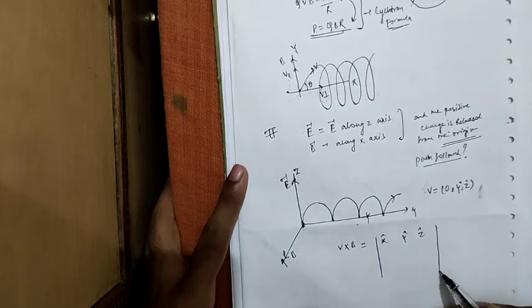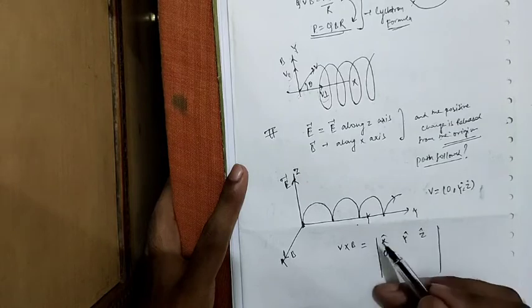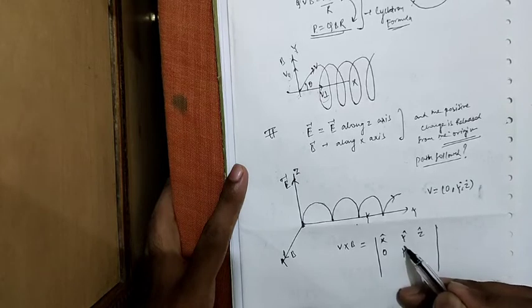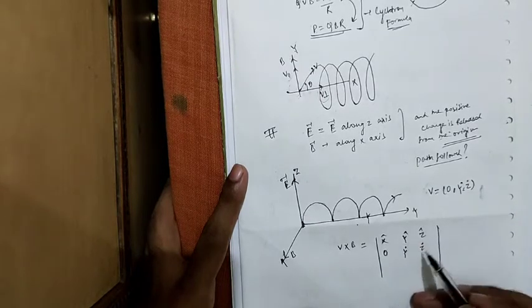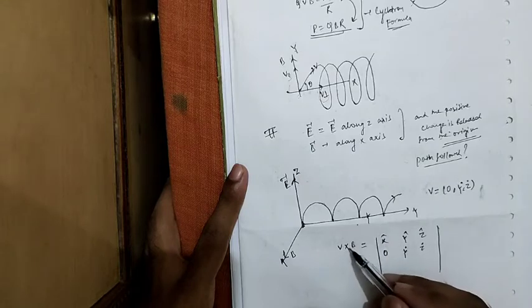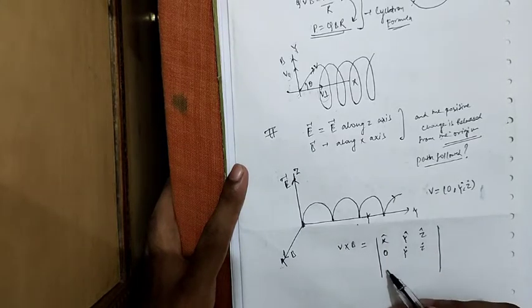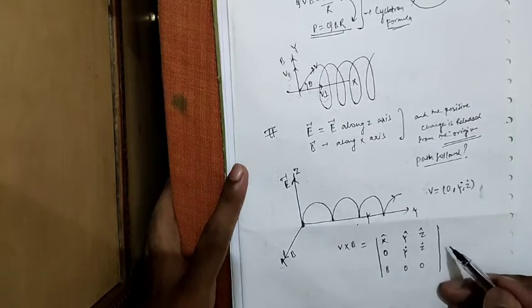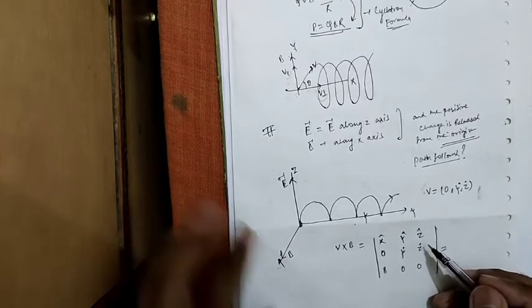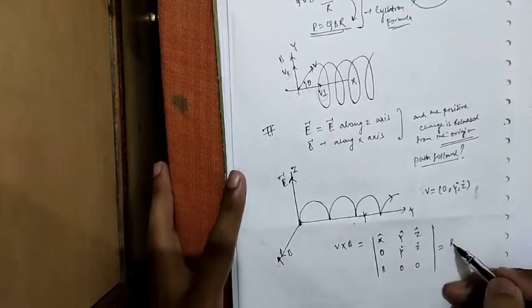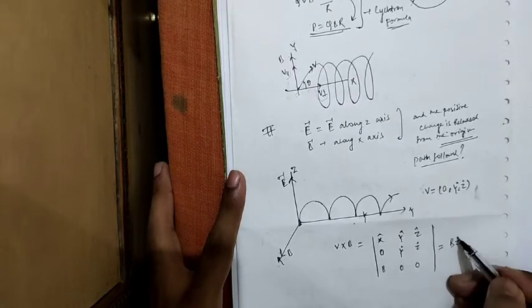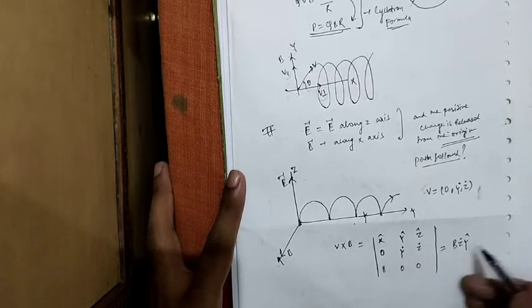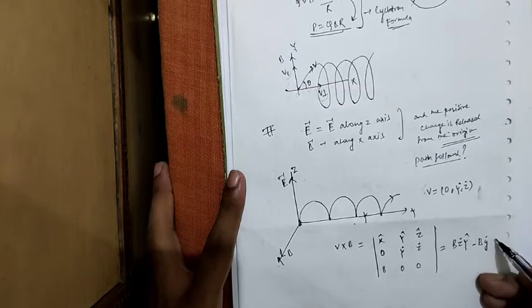As velocity is zero along the x-axis, there is only motion along the y-axis and z-axis. Since we are crossing with B, the magnetic field is along the x-axis, so B, and the other components are zero. On computing this, v cross B leads us to B z dot y-cap minus B y dot z-cap.